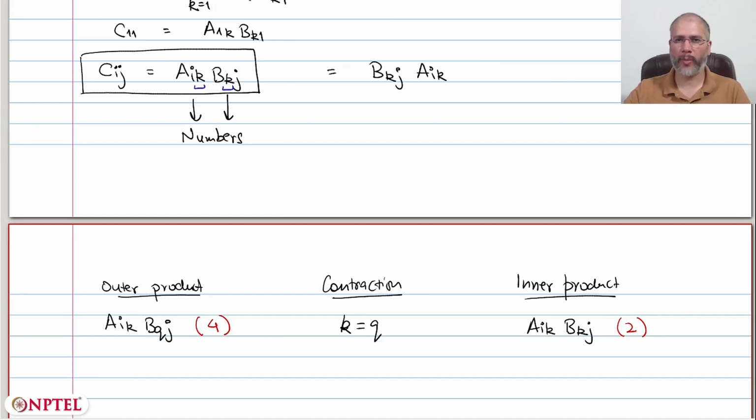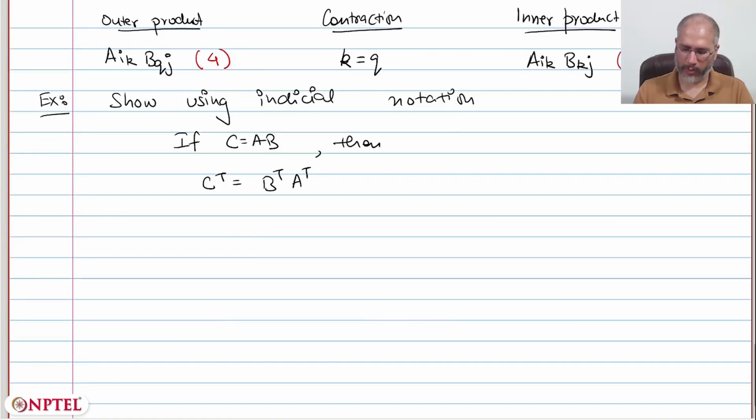So let's try a problem to get a better understanding of the notation in matrix multiplication. The problem says that we have to show using indicial notation that if C equals AB, where A, B and C are matrices, then C transpose is B transpose A transpose. So let's try it out. Let's write in the indicial notation. C equals AB can be written as Cij equals Aik times Bkj, as we just saw.